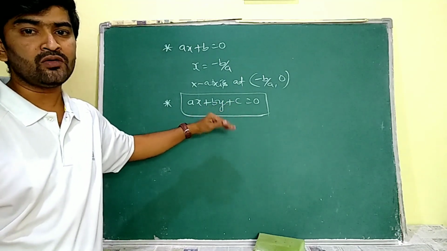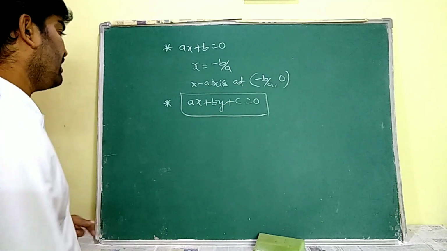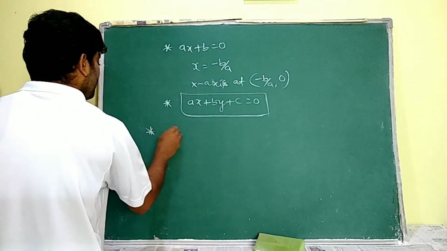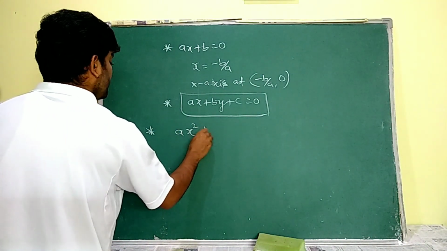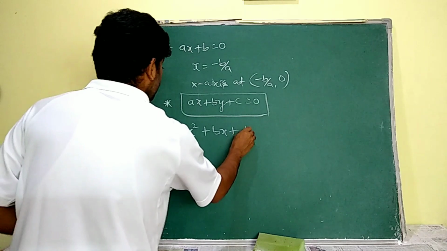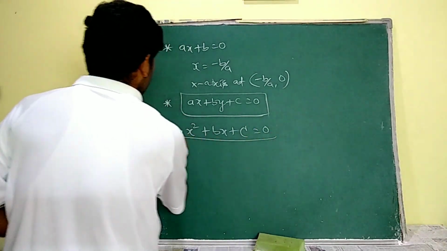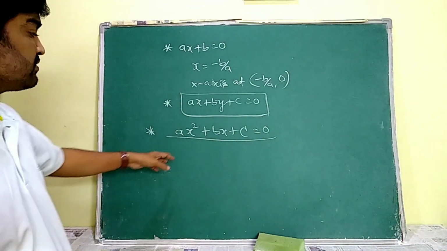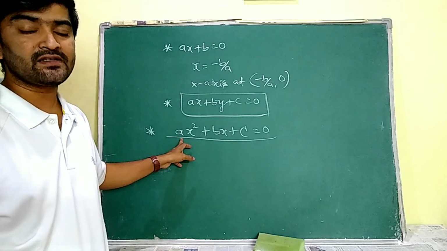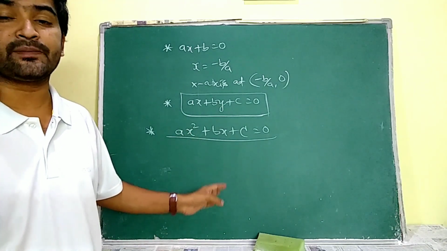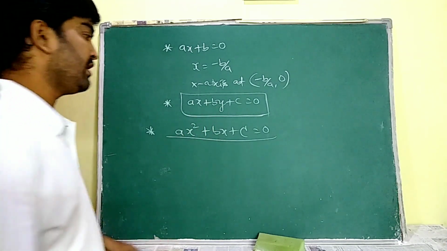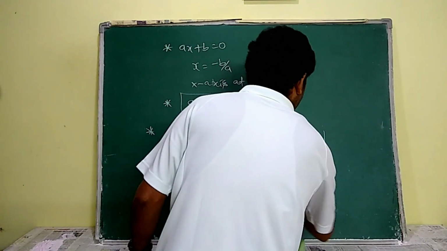Now we are going to discuss the graphical representation of a quadratic polynomial, that is ax square plus bx plus c is equal to 0. We already discussed that a quadratic polynomial always represents a parabola. Parabola means a U-shaped curve.